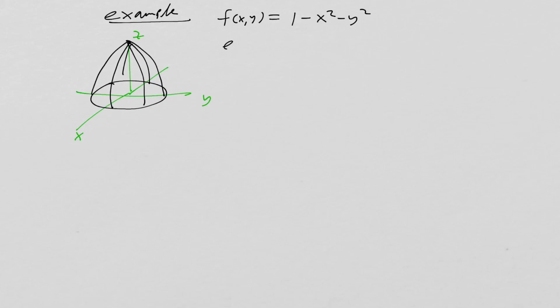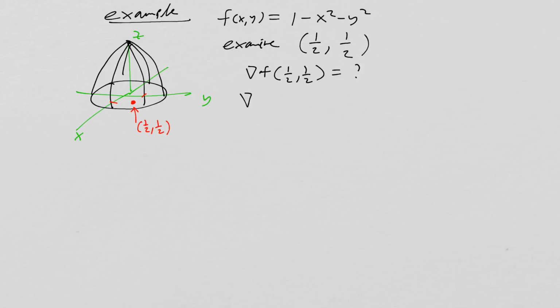So now let's examine the point 1/2, 1/2. Let's find out what grad f of 1/2, 1/2 is. Remember, that's this point right here. That right there is 1/2, 1/2.